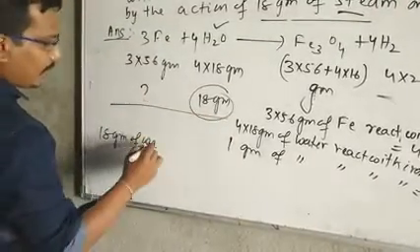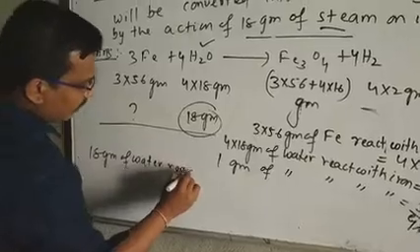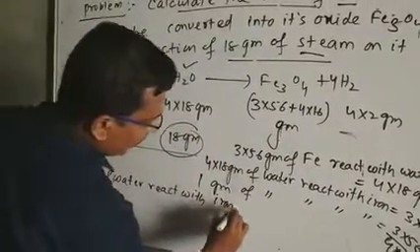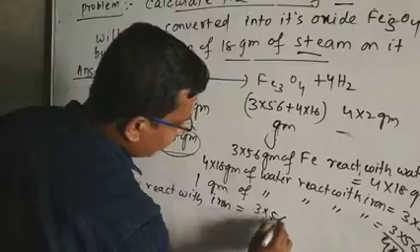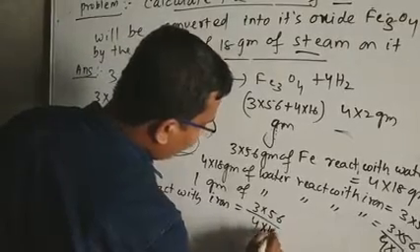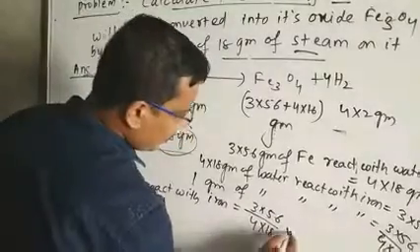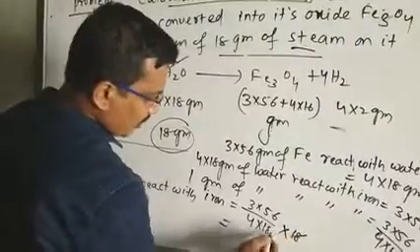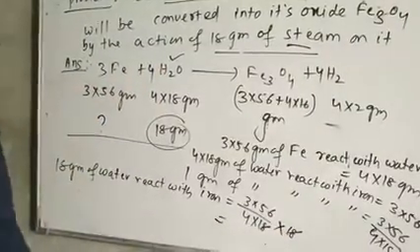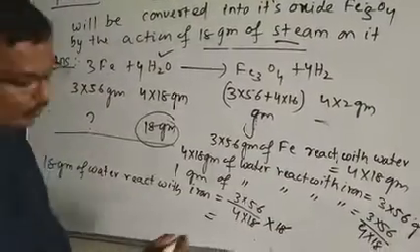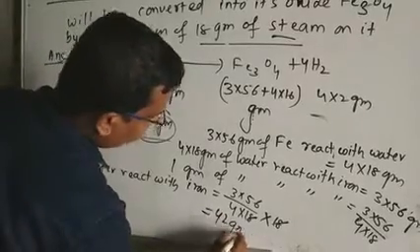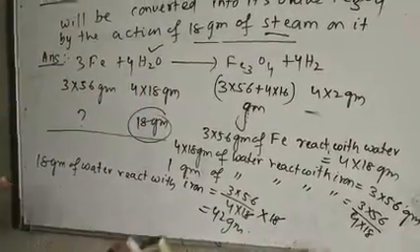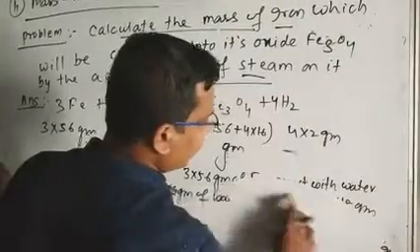So we can write 18 gram of water reacts with the iron equal to how much? 3 into 56 divided by 4 into 18, multiplied by 18. If you want to solve, then 18 cancels. Then we can finally find 42 gram. That is 42 gram of iron is produced. That is said to be the mass relationship.